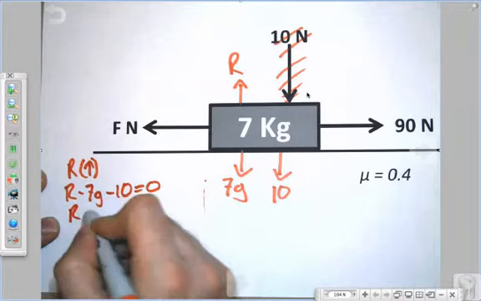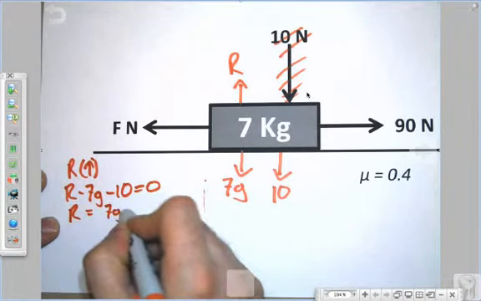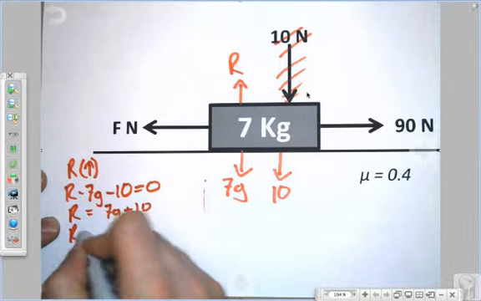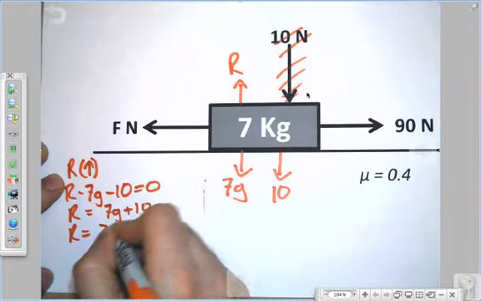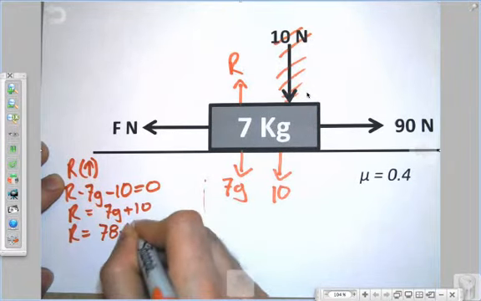So R equals 7g plus 10. So R equals, 7g is 68.6, plus 10 gives us 78.6 newtons.